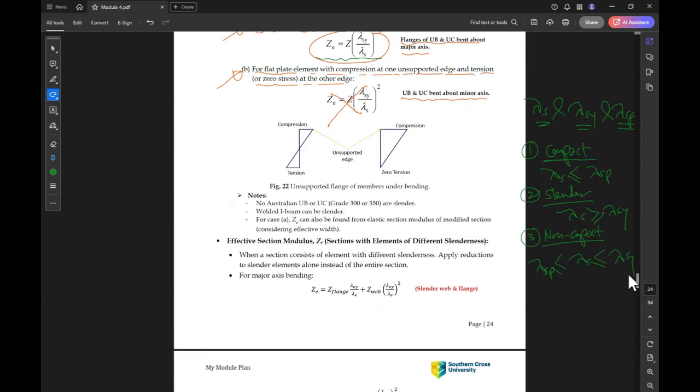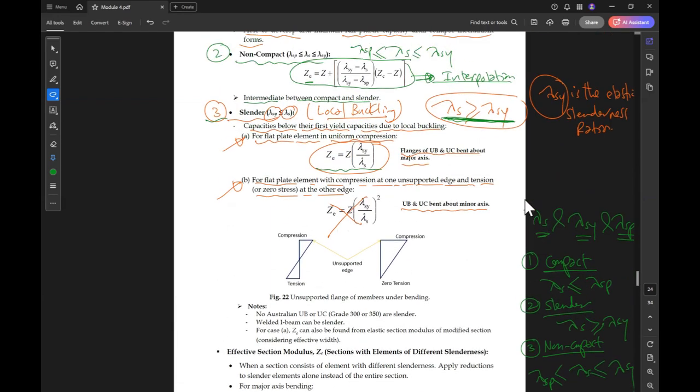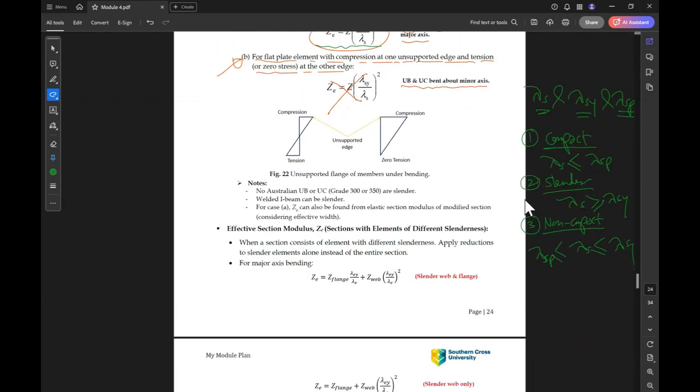So this is the whole section, if we calculate for the whole section. The second step is this part here, effective section modulus Z effective for sections with different slenderness. For example, if the web is slender and the flange is compact and so on, we have to use this part.